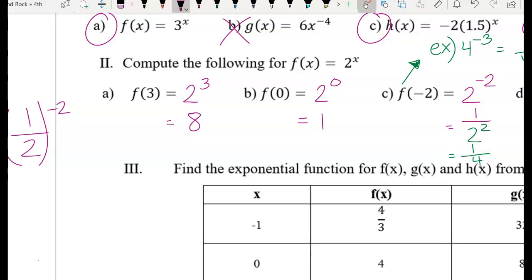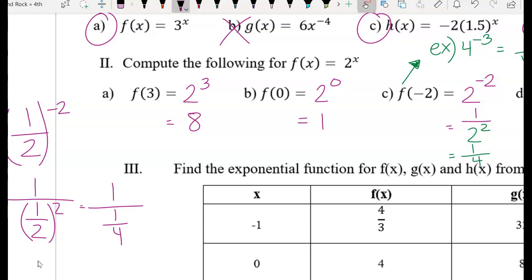Okay. What is the negative? How do I deal with the negative? I make the entire base the denominator, right? And now I have a positive 2. What is 1/2 squared? Do we normally like to see a fraction in a fraction?